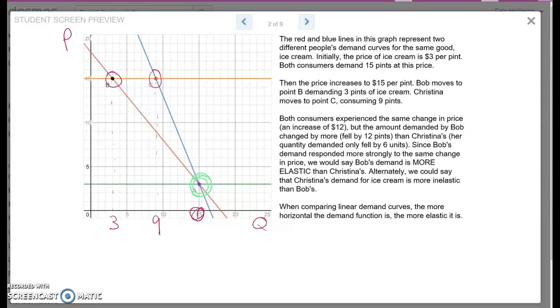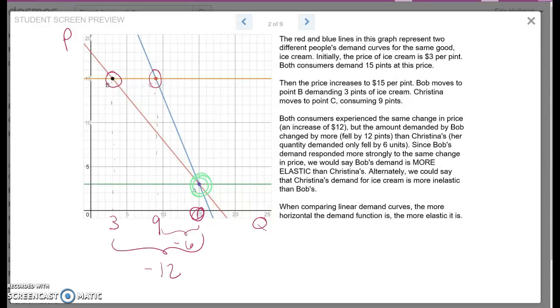She went from 15 pints to 3 pints, so that's a change of 12 pints. Mr. Blue only went down by 6 pints. Because Ms. Red's demand changed more, even though she experienced the same increase in price, she responded more strongly to the same change in price.